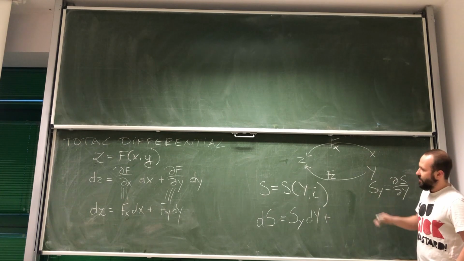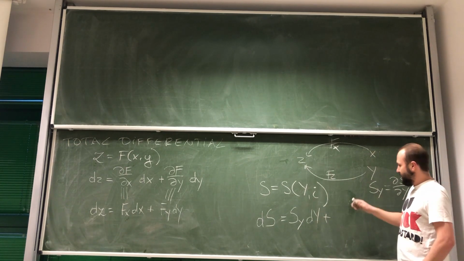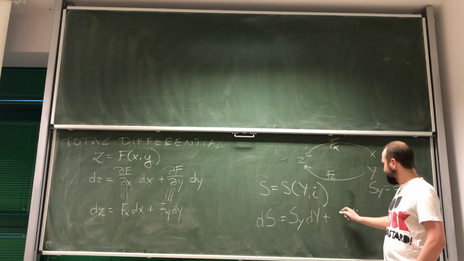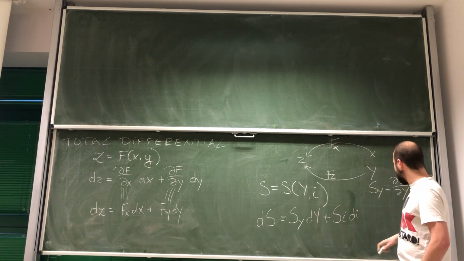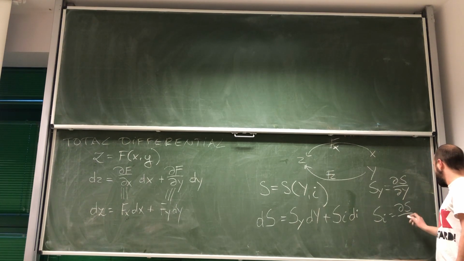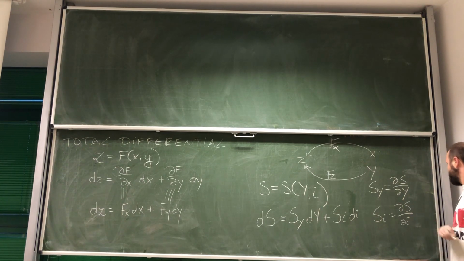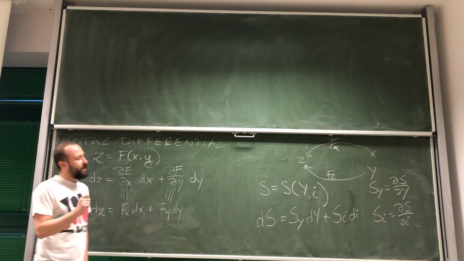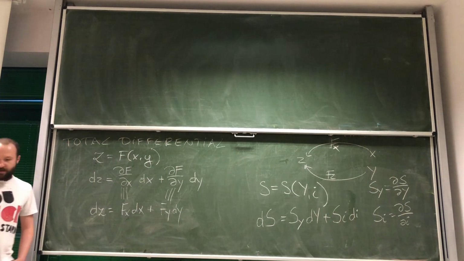Well, the second source of change is change in interest rate, of course, times derivative si, where si is simply partial derivative of s with respect to interest rate. So you see, we've been able, for this savings function, to track two sources of change.